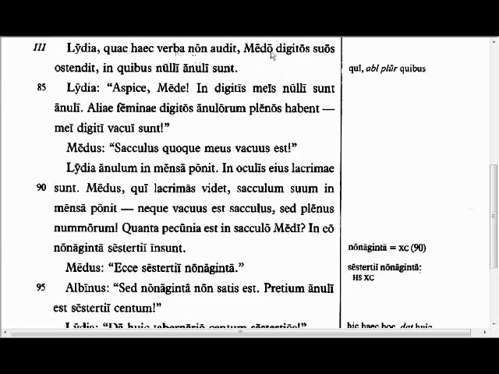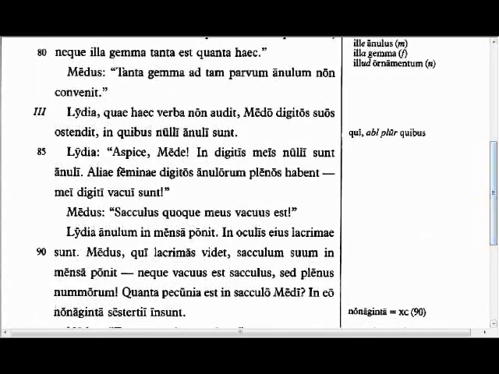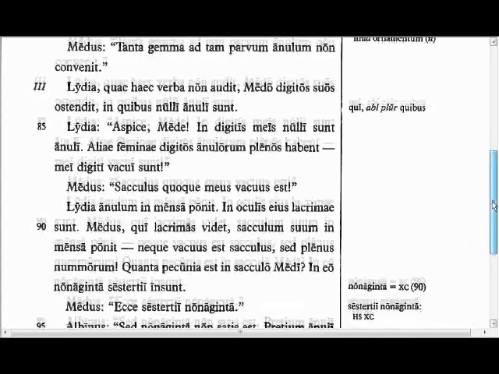And to Medus, so we have the dative here, she shows her fingers. Again, we have this situation where suos, which is masculine, matching digitos, refers to her fingers. Okay, so Lydia says, "Look, Medus, on my fingers there are no rings."